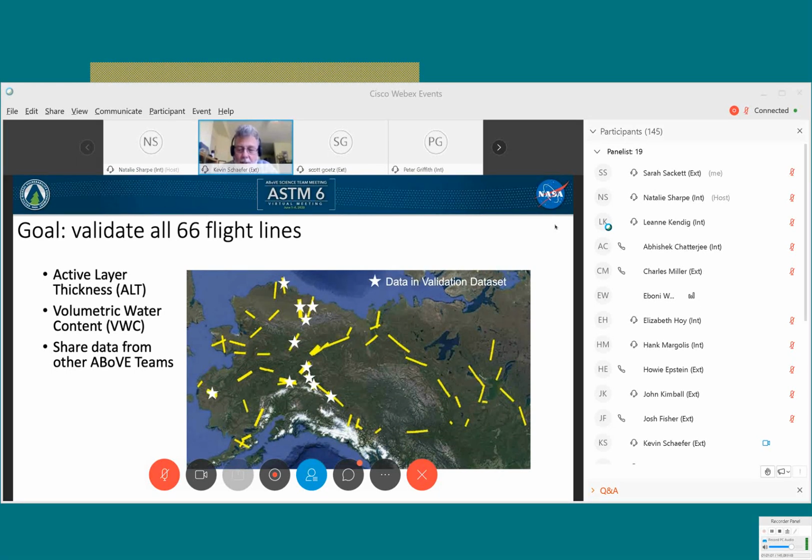These white stars represent the data that we already have in our validation data set. These red stars indicate data that we have, but we haven't integrated into the data set.